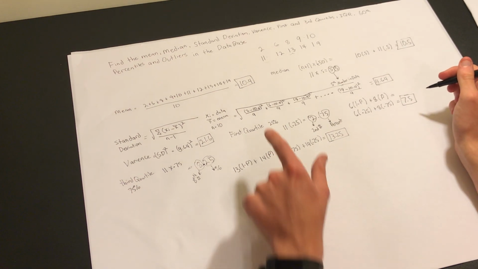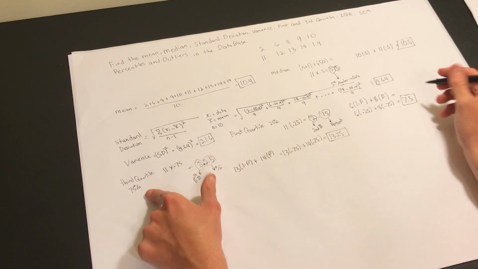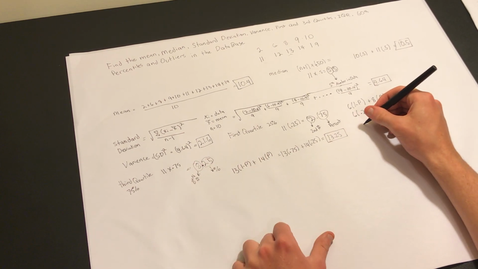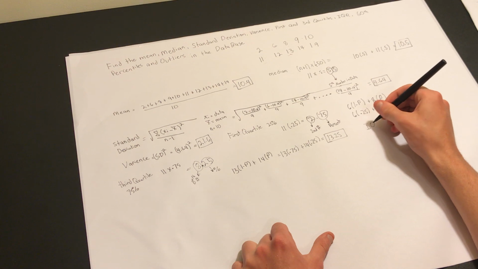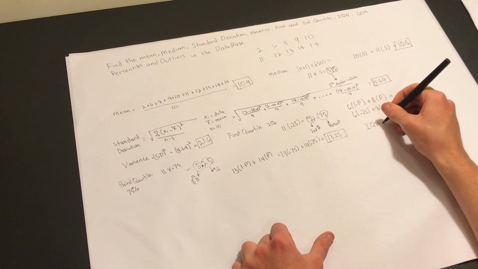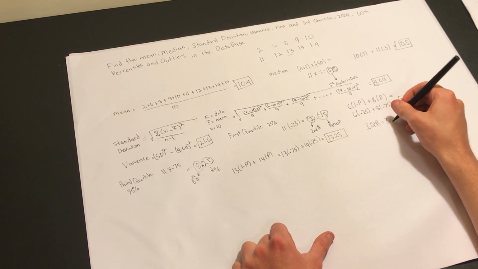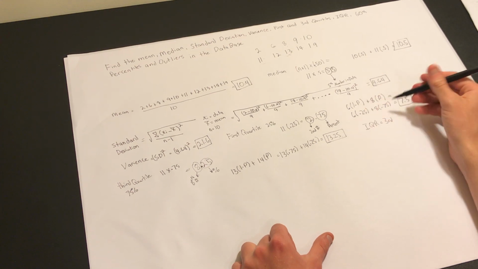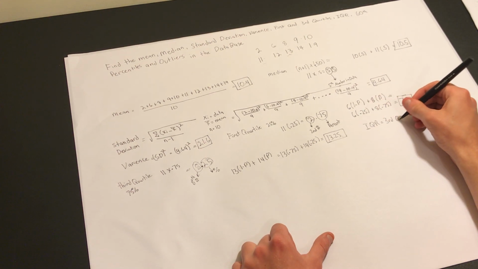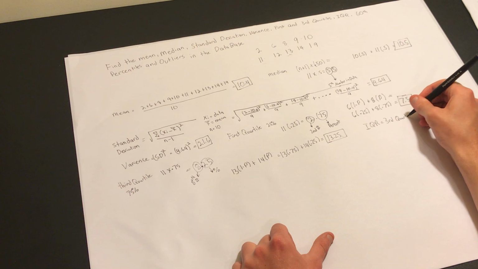So we've gotten the first quartile and the third quartile. So the interquartile range is going to be pretty easy. It's just going to be the third quartile value we got minus the value we got for the first quartile.